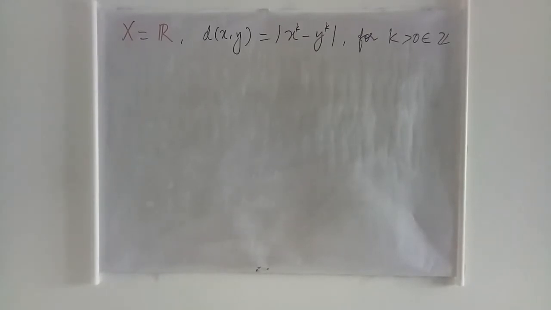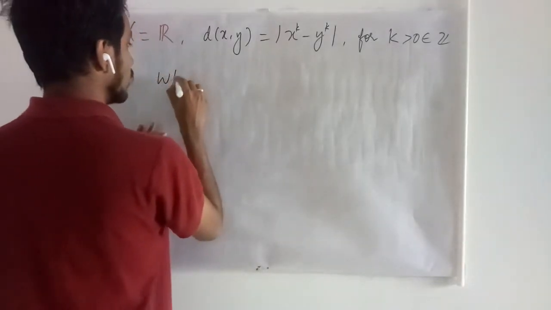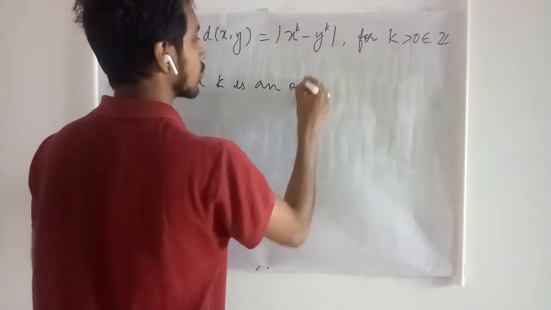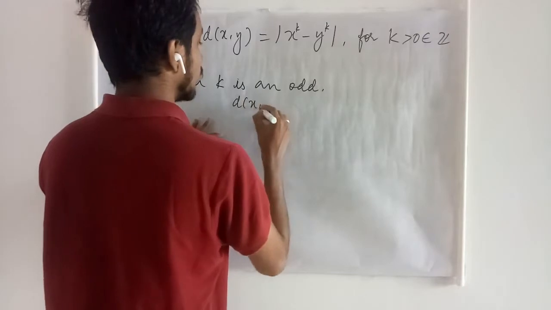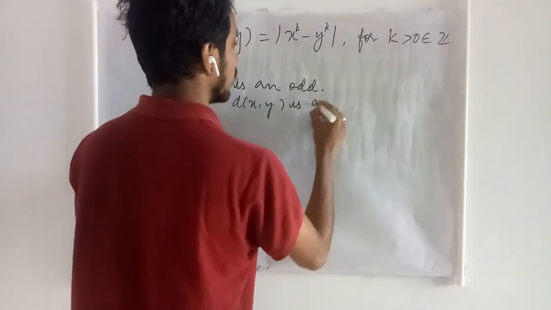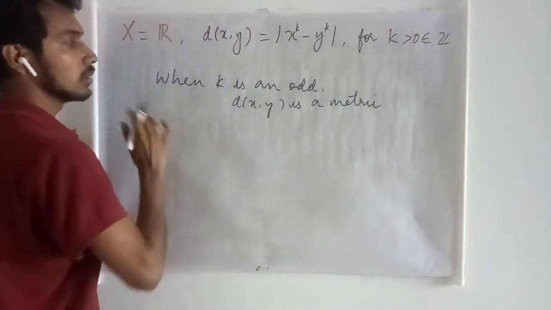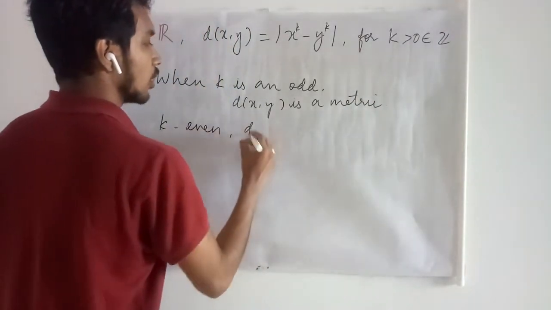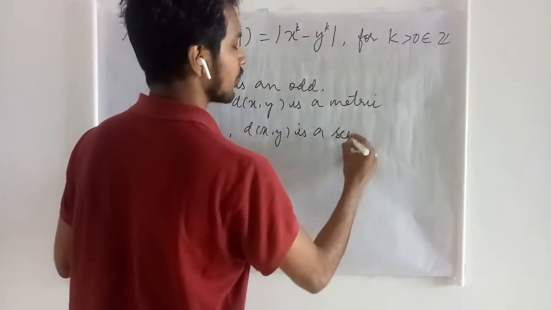It is going to be a metric for some cases, and a semi-metric for other cases. That is, when k is an odd value, then d(x,y) is a metric. Be it any odd value, it will turn out to be a metric. When k is even, d(x,y) is going to be a semi-metric.